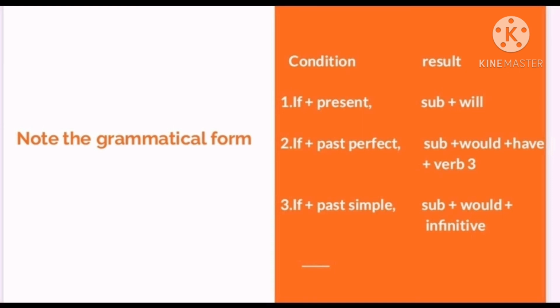Getting into the last condition, if you have if plus past simple in the condition, as a result you will have subject plus would plus infinitive. For the third rule, you may not find an infinitive in all the sentences.